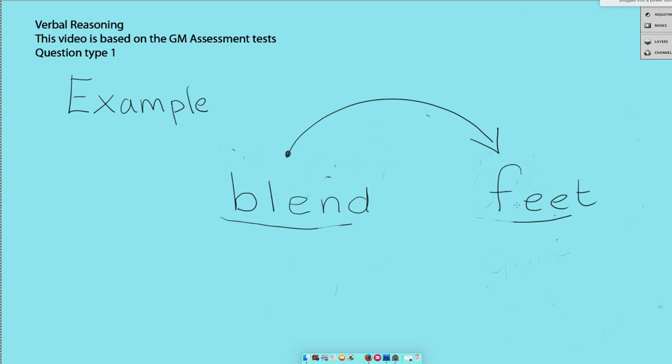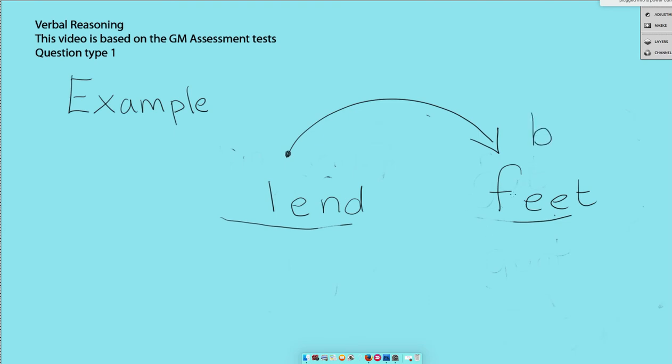Which one could it be? Well, it can't be E. It can't be D. Doesn't leave us with a word. It could be B, because it leaves us with lend. Could we put B in there? Let's try.